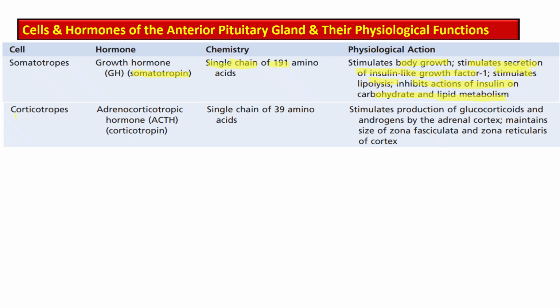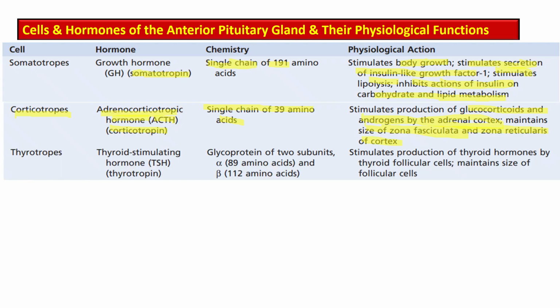The corticotropes release adrenocorticotropic hormone, ACTH or corticotropin. This is also a single chain of 39 amino acids, and it stimulates production of glucocorticoids and androgens by the adrenal cortex and maintains the size of the zona fasciculata and zona reticularis of the cortex.